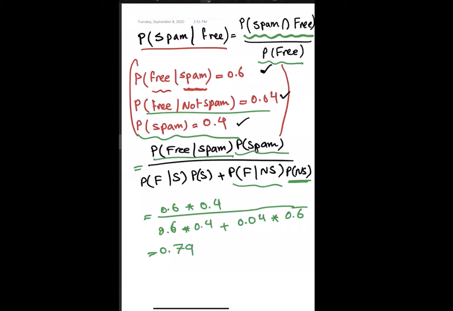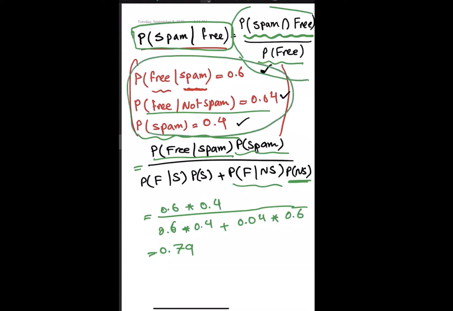Okay. So again, just write the questions in terms of probability notation first, then write the simple formula for that, if there is any. Then find out what is given to you in the problem statement.